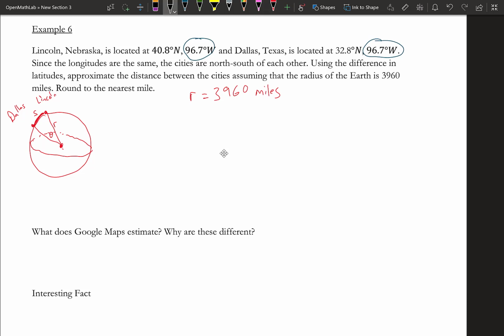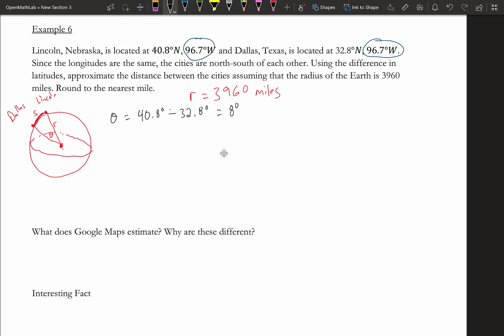So theta is equal to 40.8 degrees minus 32.8 degrees, which equals 8 degrees.